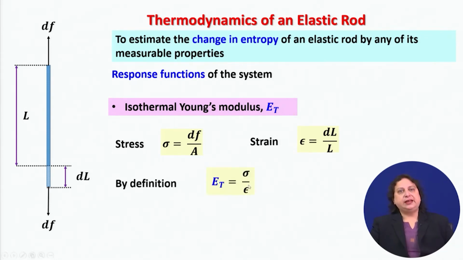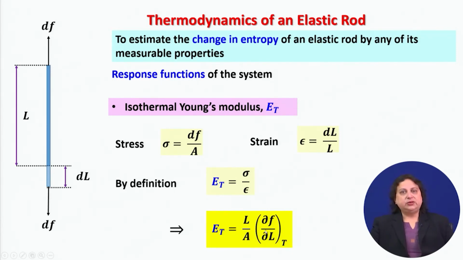By definition, then I will have E t, the isothermal Young's modulus, equal to stress divided by strain. Now, if I use these two expressions, then I can write down the isothermal Young's modulus as L by A into del F del L T. If you remember, this is exactly the partial derivative that has been related to the change in entropy in our previous slide.